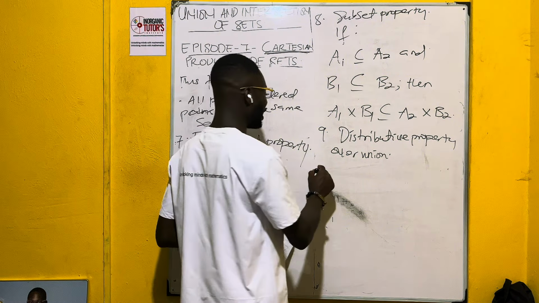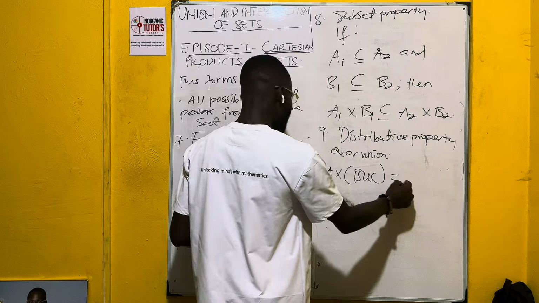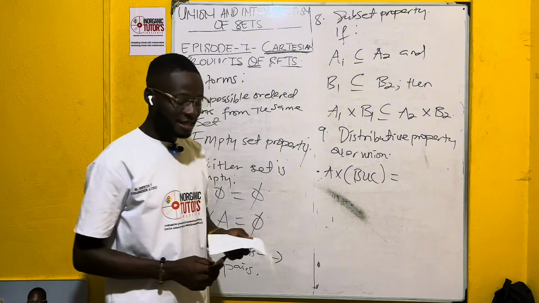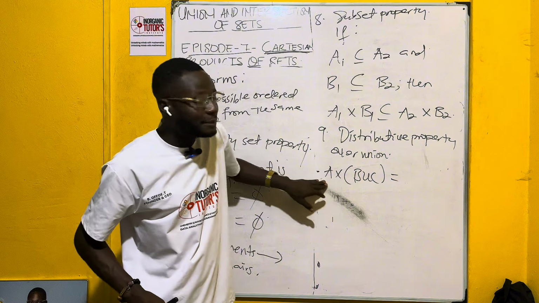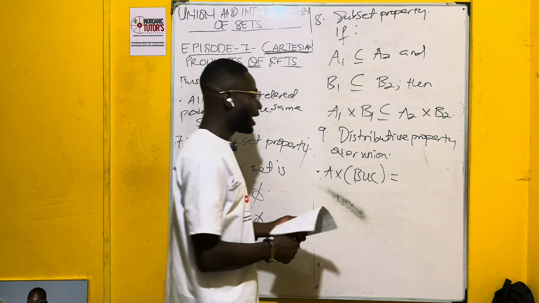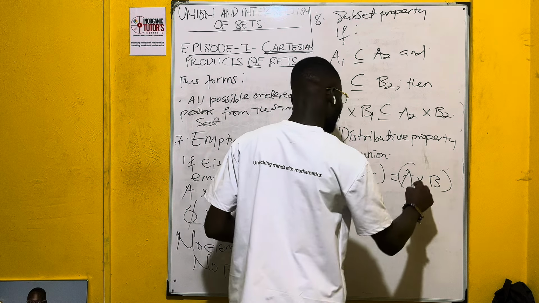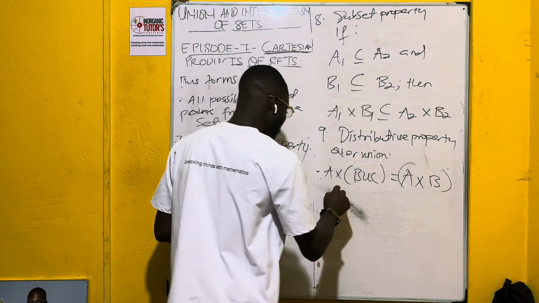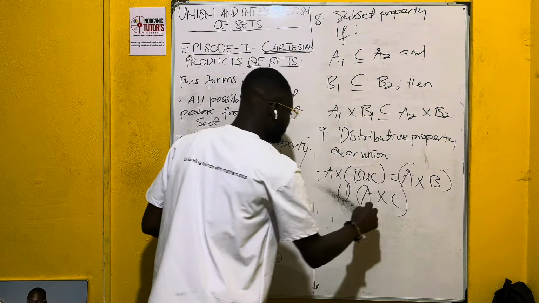If you have A cross (B union C), then when you expand this bracket, you're going to have (A cross B) union (A cross C).